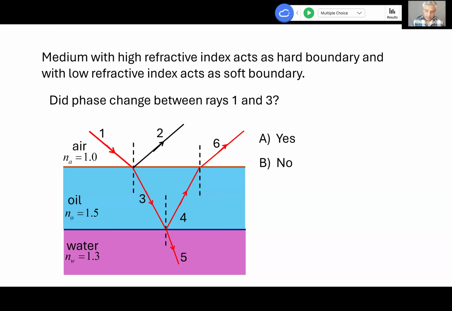So refracted, also we can say transmitted. When a wave gets refracted or transmitted, no phase change.